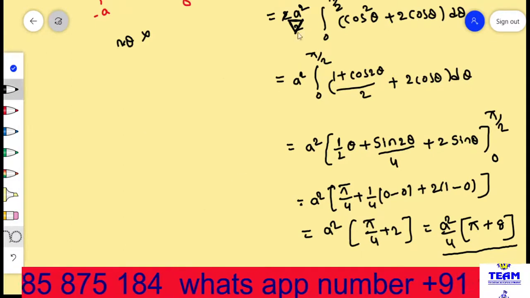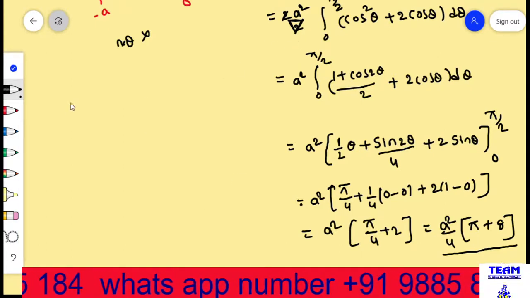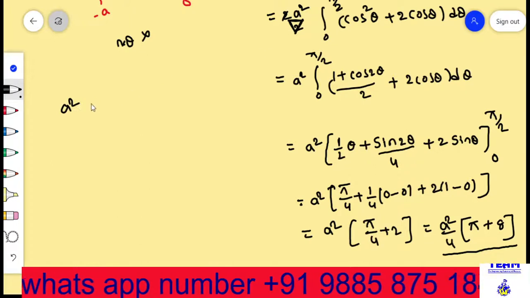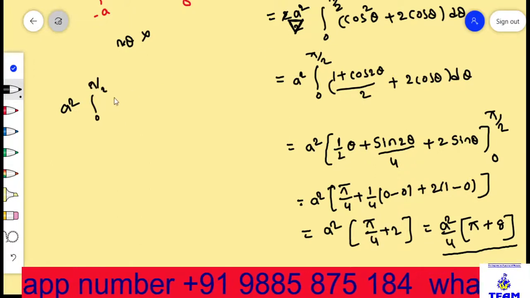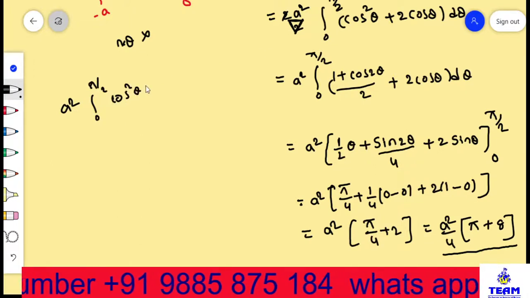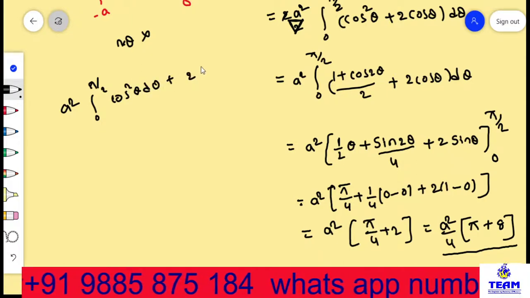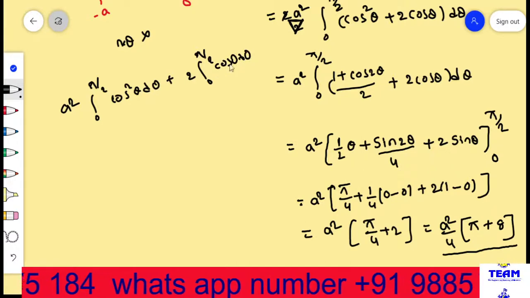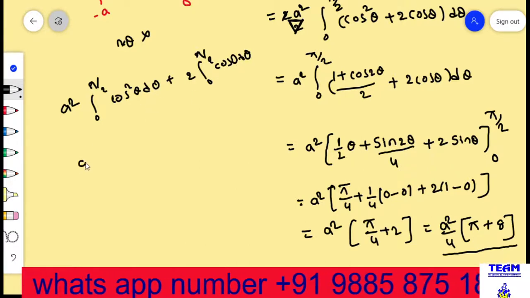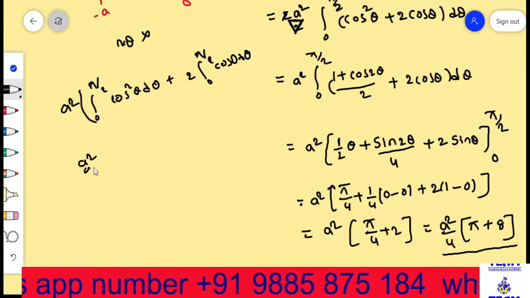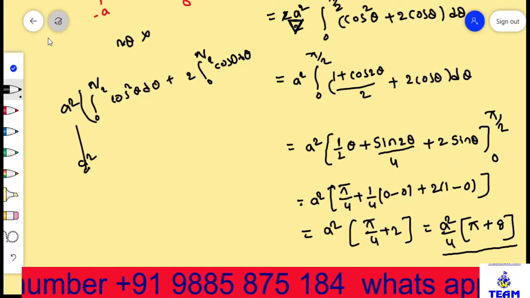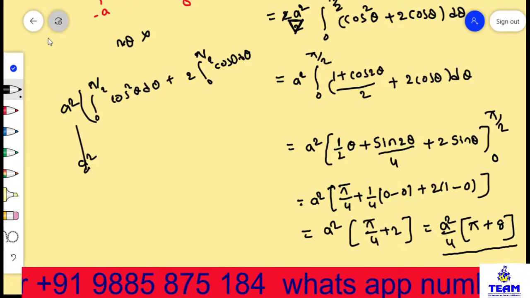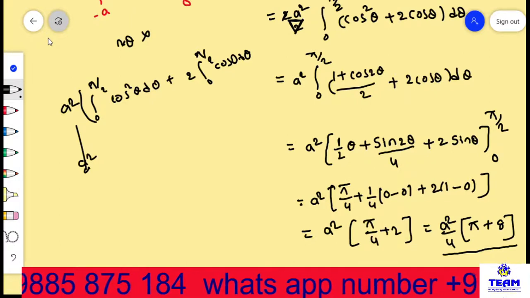Now outside you have a square and integral of 0 to pi by 2 cos square theta d theta plus 2 times integral 0 to pi by 2 cos theta d theta we have now. This is a square, friends, a square for all.